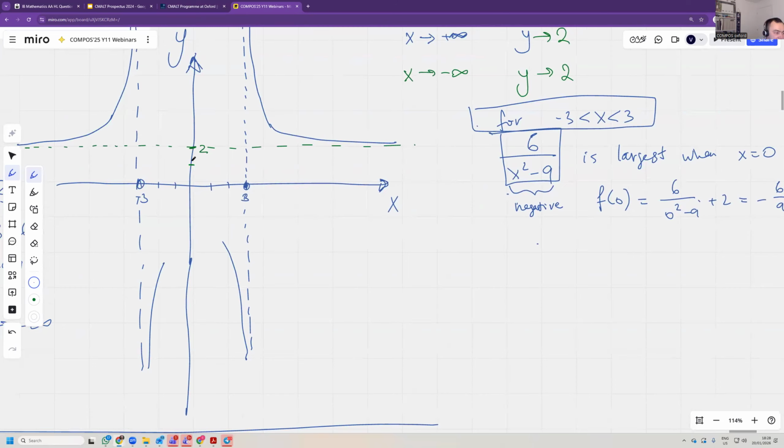So it's just above 1. So that's 4/3. So the graph goes like this.